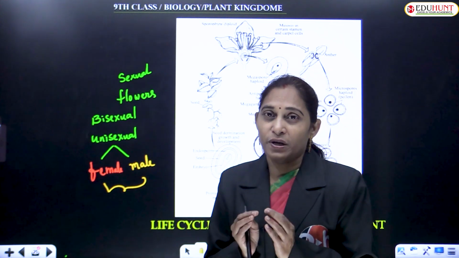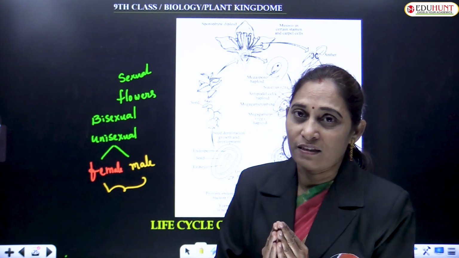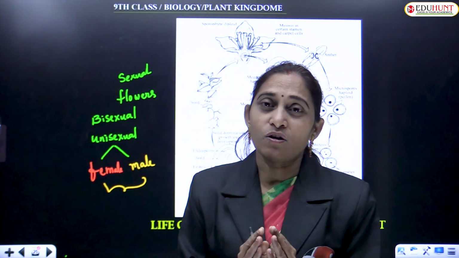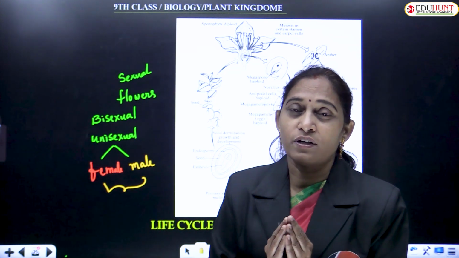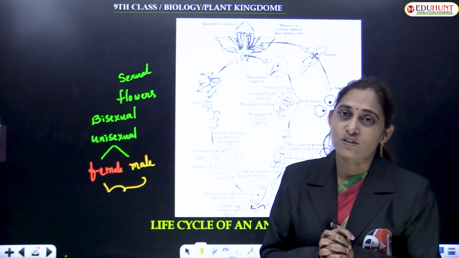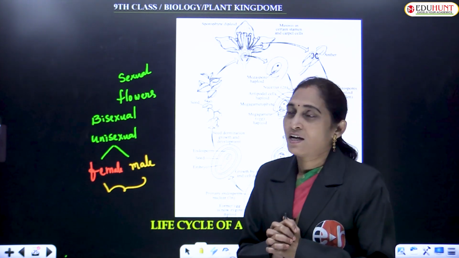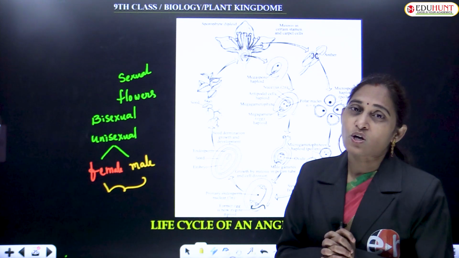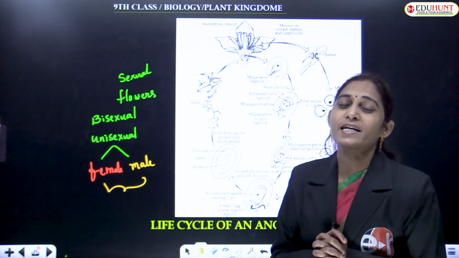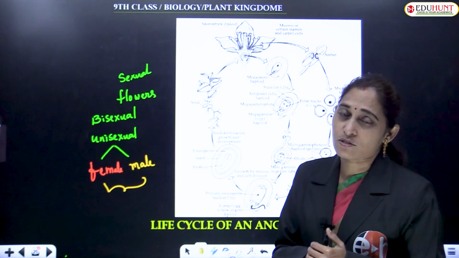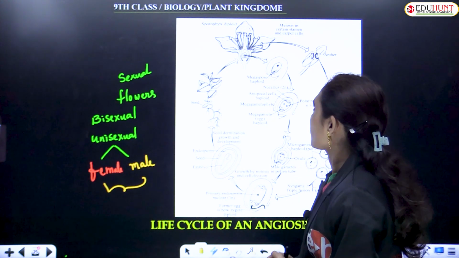Calyx is meant for protection while the flower is in bud condition, and the corolla is meant for attraction of pollinating agents or pollinators. These are said to be non-essential organs of the flower because they are not directly involved in the sexual reproduction process or the fertilization process.